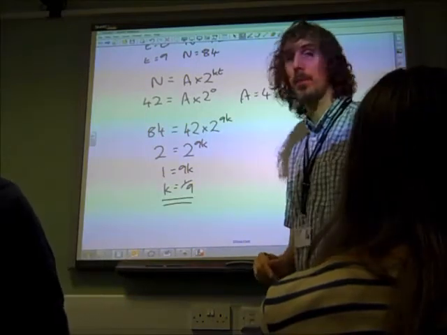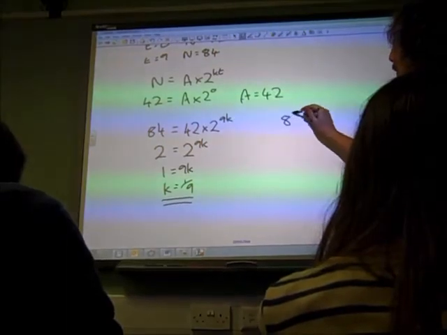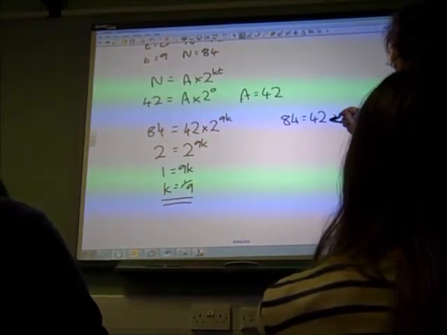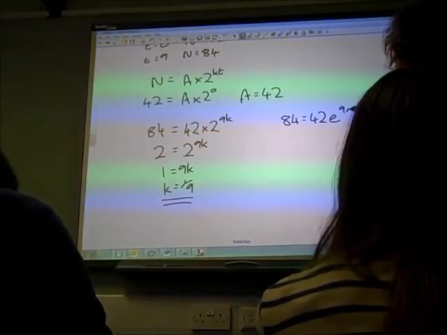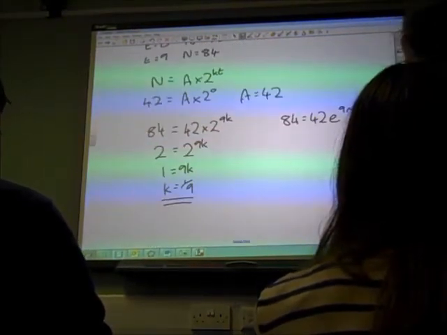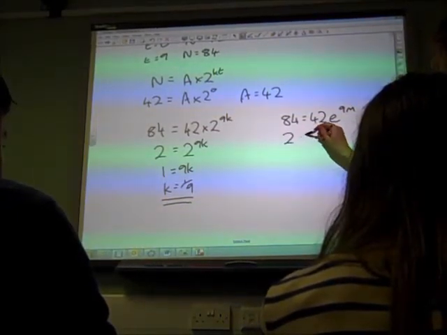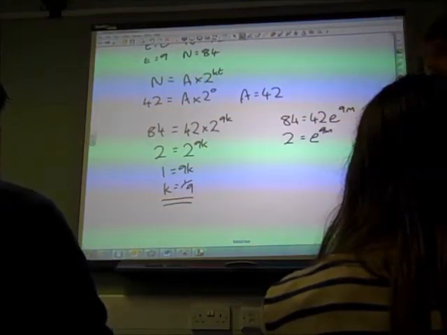is 1/9. If we use the other model that we were given, that said that 84 is 42 e to the 9m, because it was e to the mt. 84 is 42 times e to the 9m. That gives us 2 is e to the 9m.